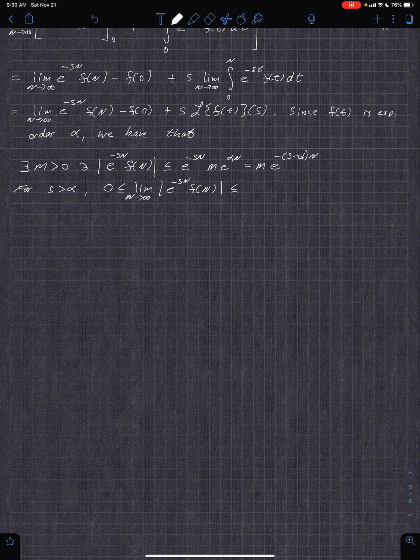That's all I'm doing here. The limit as n approaches infinity of M e to the negative s minus alpha n.